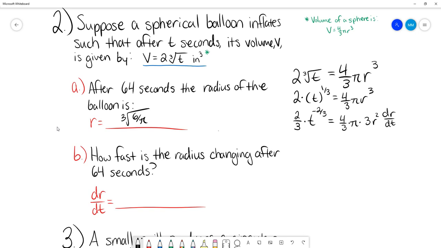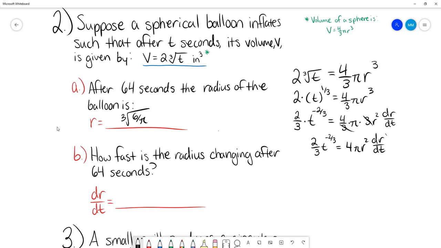Remember, because this is with respect to t. And again, I see that these 3's are going to cancel out, so I'm going to rewrite that. Got 3 times t to the negative 2/3 equals, I see my 3's cancel, so I've just got 4 pi r squared dr/dt.